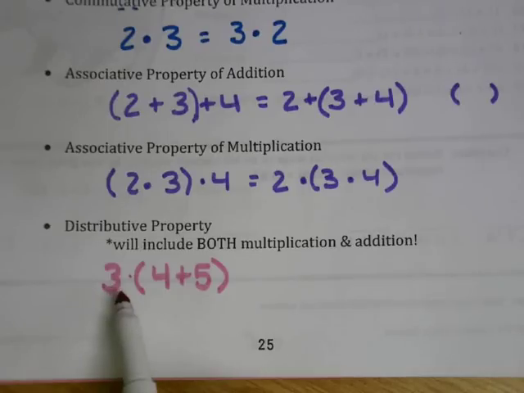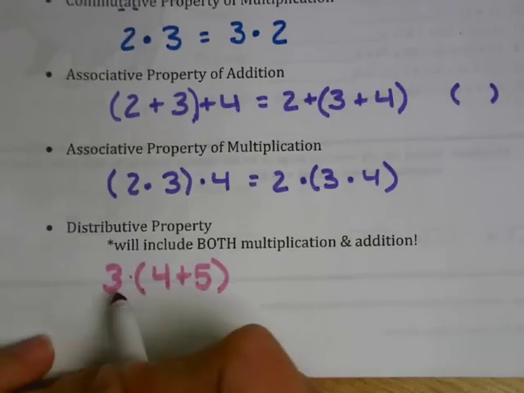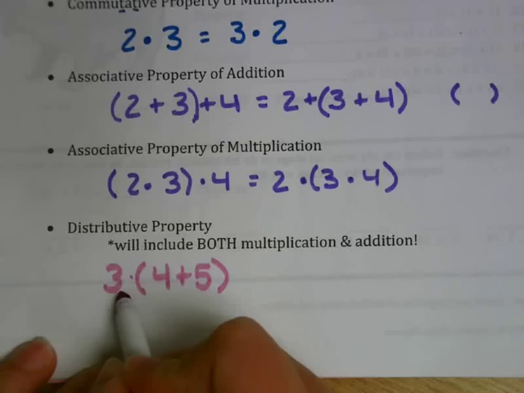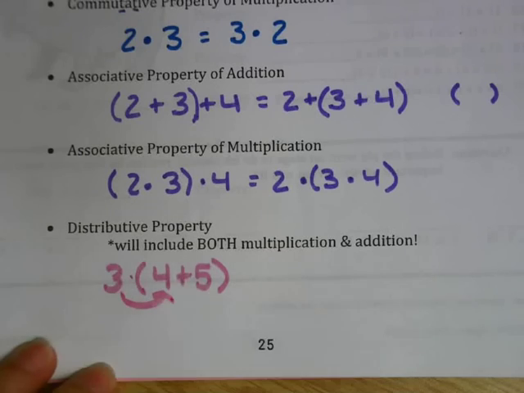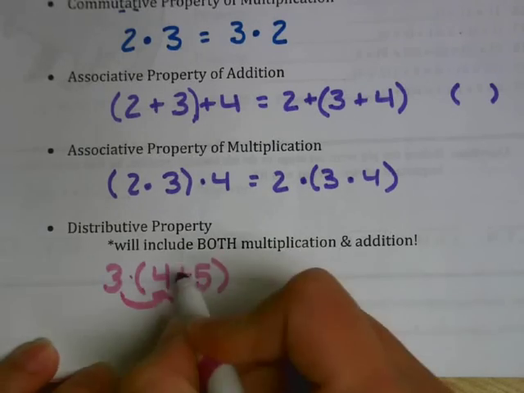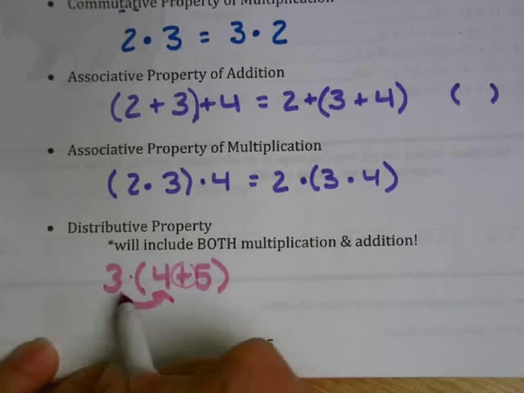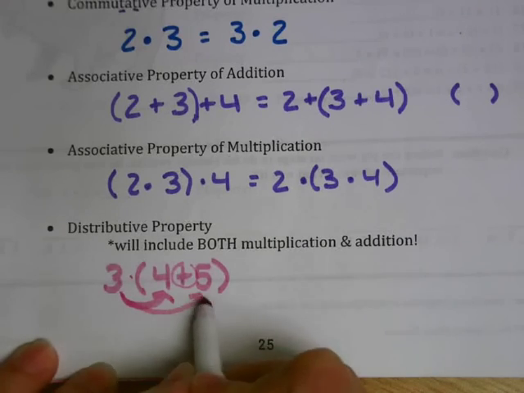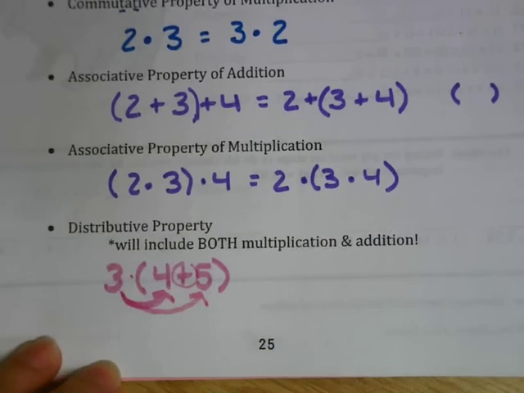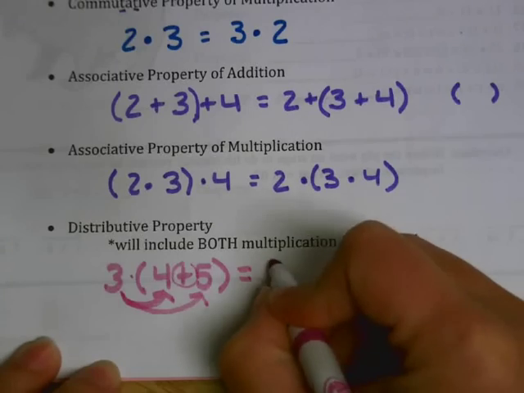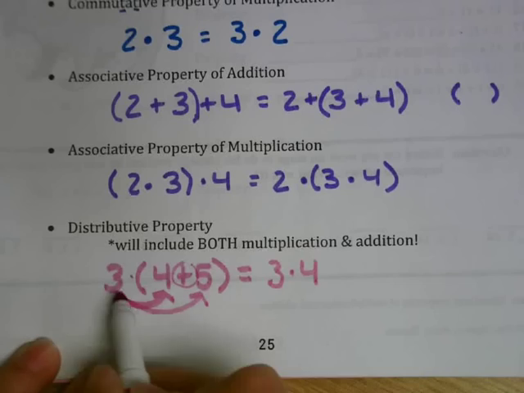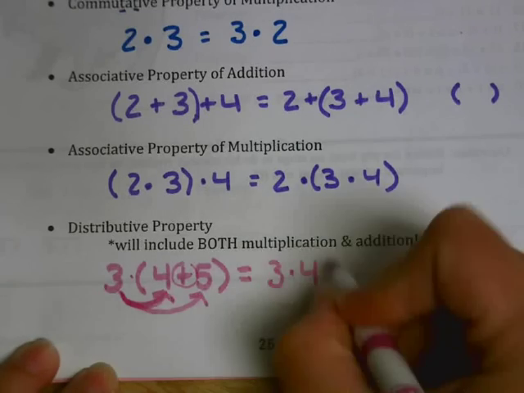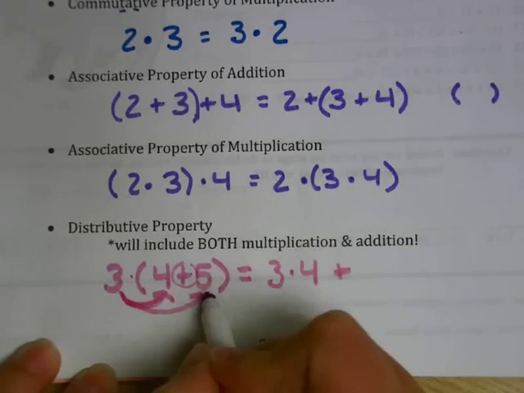Okay. There's another way that I can actually go about giving an answer for this expression right here, simplifying the expression. The distributive property says if you're multiplying something on the outside, you can multiply it by the first number on the inside plus multiply it by the second number on the inside. It looks like this. 3 times 4 plus 3 times 5.